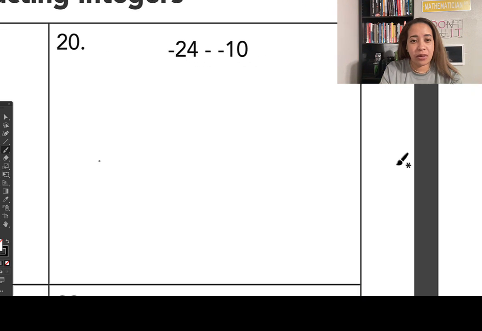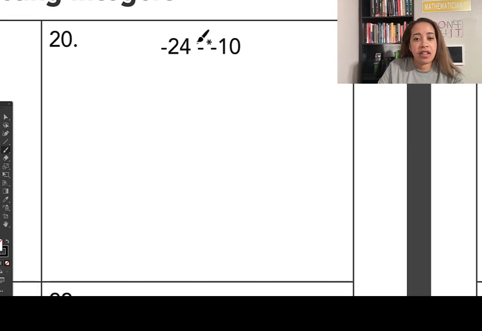Here is number 20. Always start with keep, change, change when you're dealing with a subtraction problem. So we keep the negative 24, change from a minus to a plus, and change from a negative 10 to a positive 10. Looking at our addition problem, we see different signs.